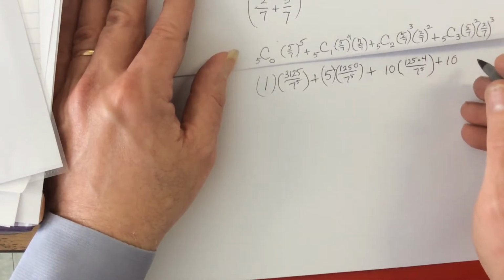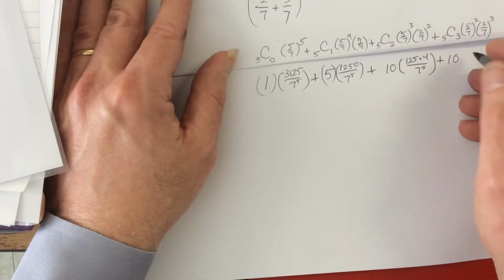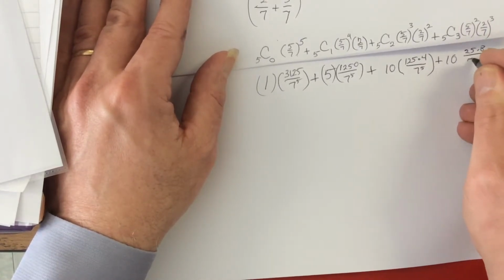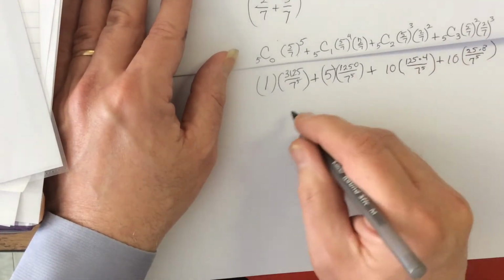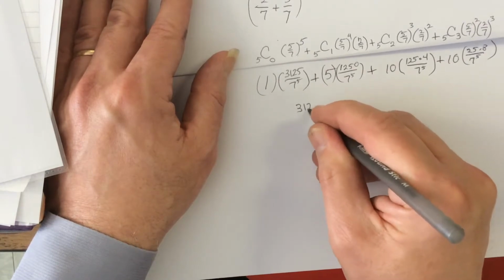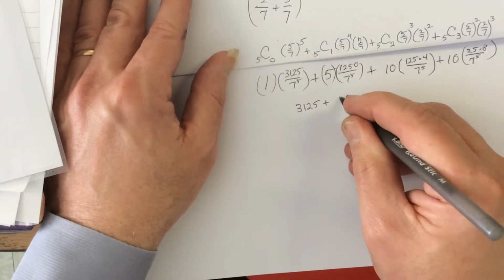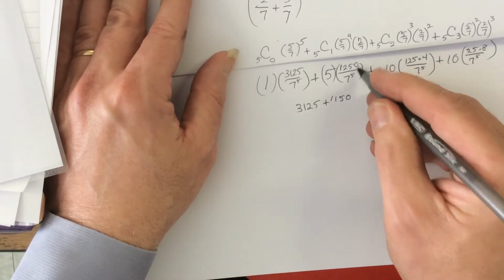plus 10 times 25 times 8 over 7 to the 5th. This is 3125 plus 0, 5, 1, 6, 0.